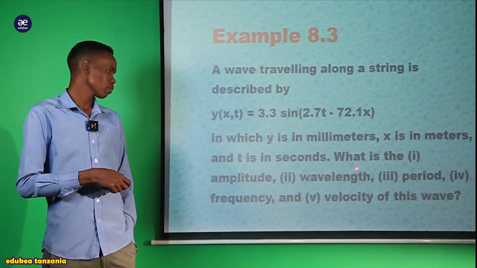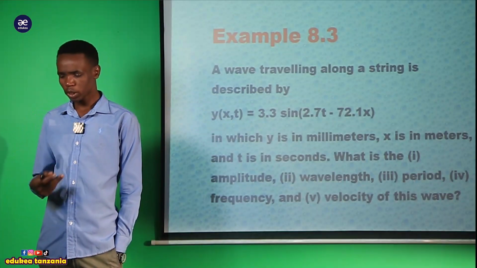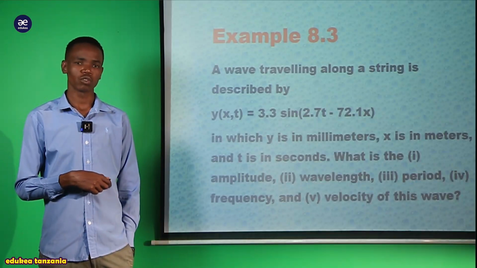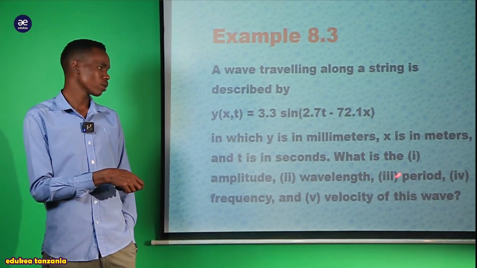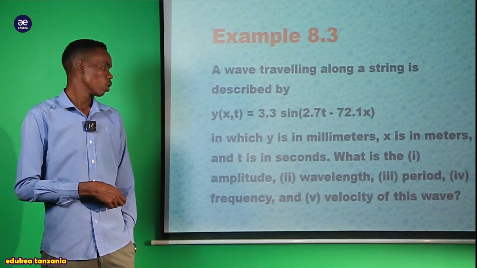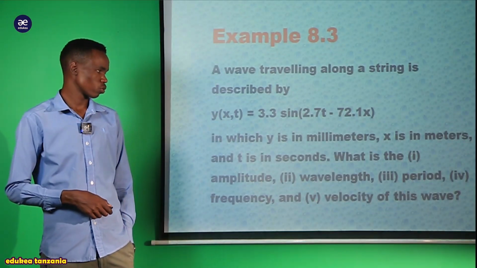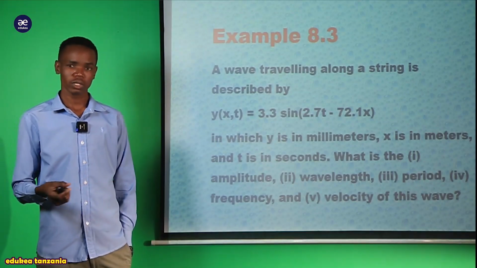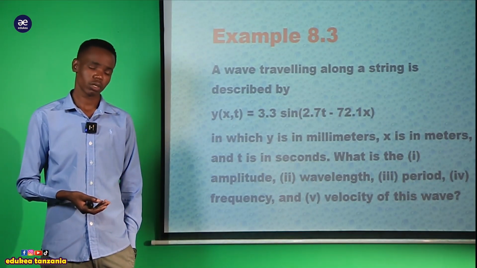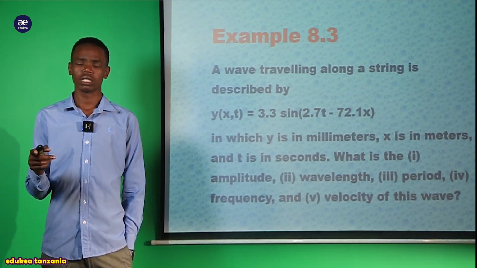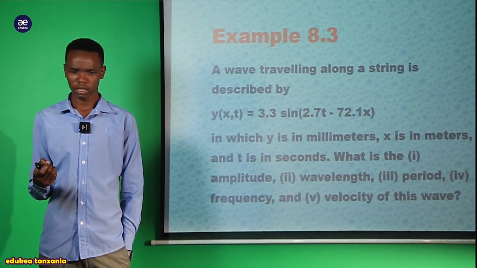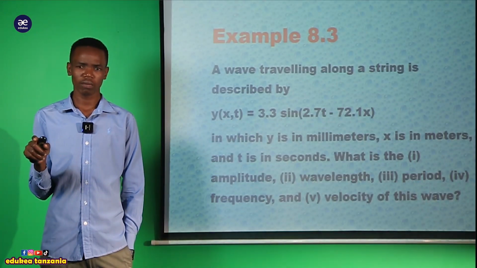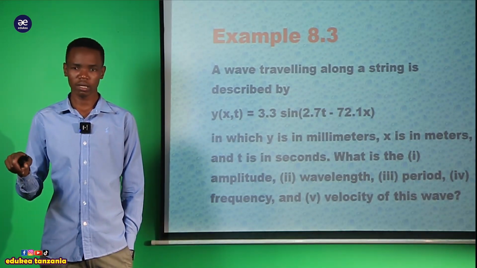So what is the amplitude? In Roman 1, we are supposed to find the amplitude. In Roman 2, we have been asked to find the wavelength. In Roman 3, we are supposed to find the period. As we know, the period is the reciprocal of the frequency, or equal to 2 pi divided by the angular velocity.